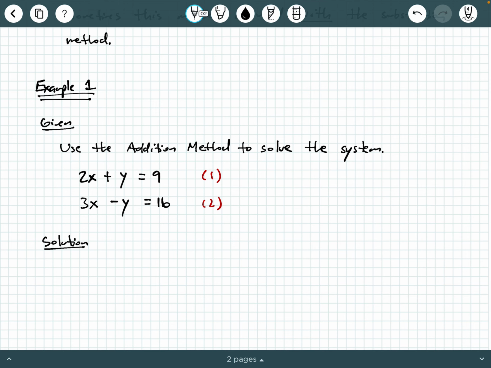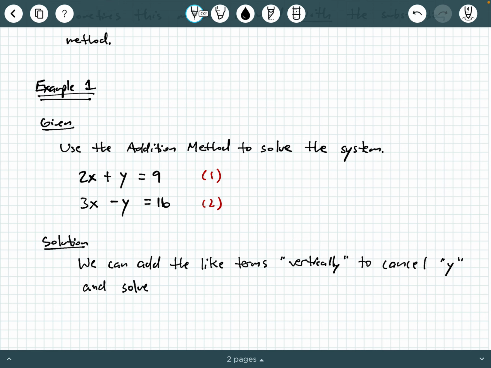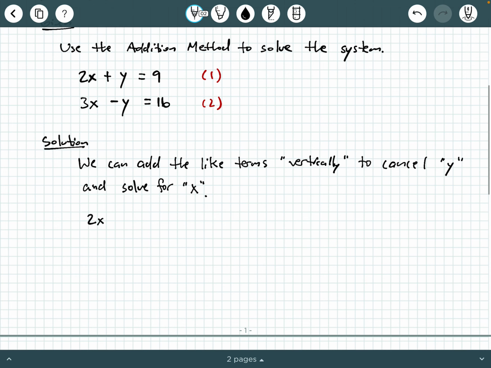We can add the like terms vertically to cancel, or eliminate, y and solve for x. Watch what I'm going to do. I'm going to rewrite this system: 2x plus y equals 9, and 3x minus y equals 16.